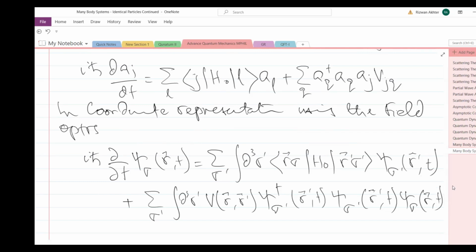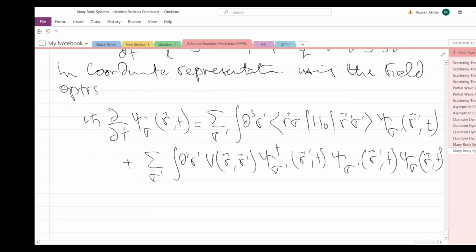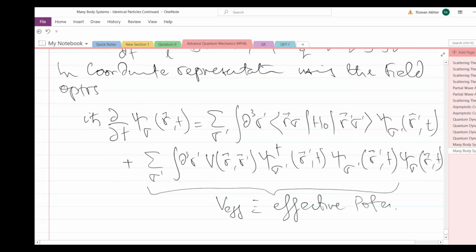And basically this term, in fact, is the effective potential.